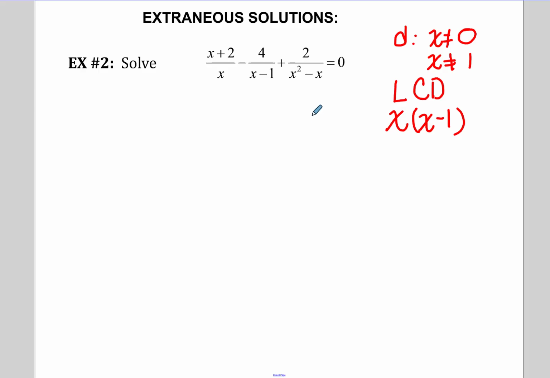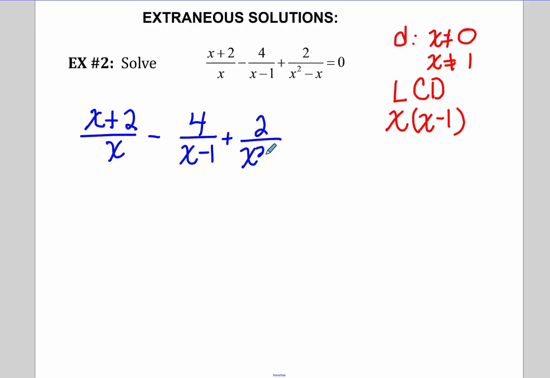So when you think about the entire equation here, approach this one a little bit differently, just for brains that think along these lines. I'm multiplying each term times x squared minus x.